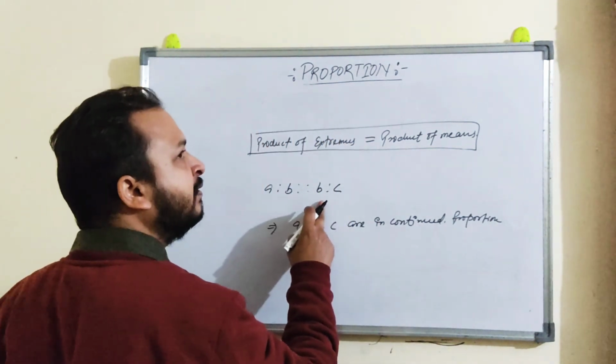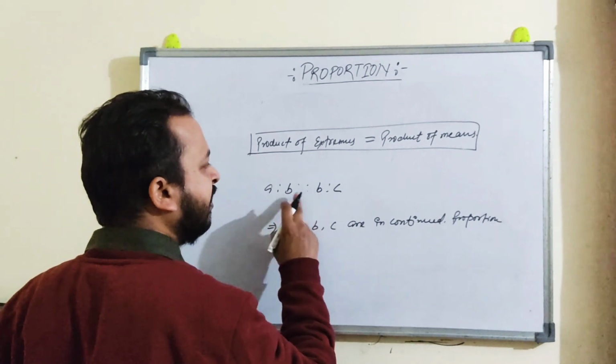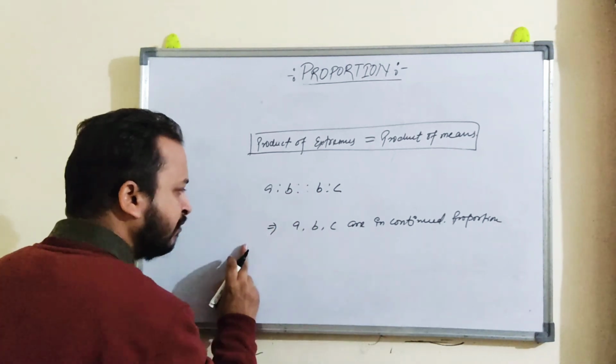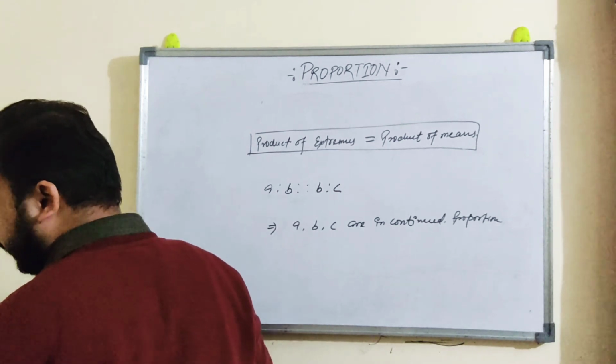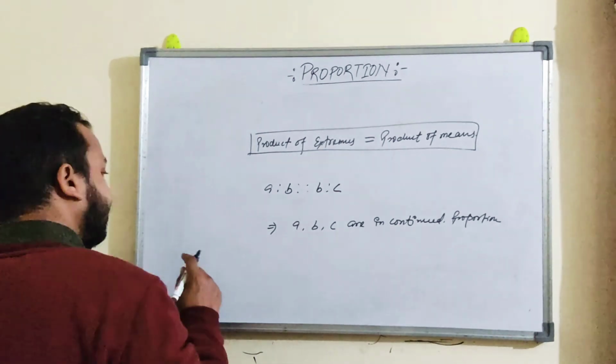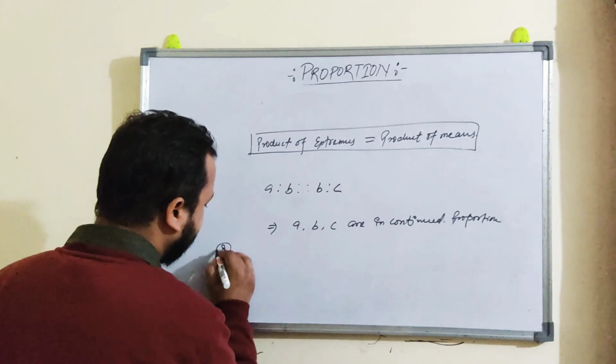Here B is written twice, meaning on the mean position they have written B. Questions number 7 and 8 are based on this.